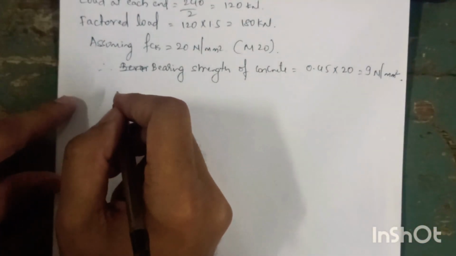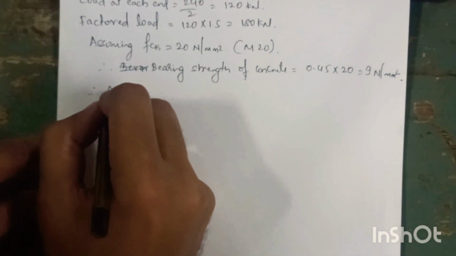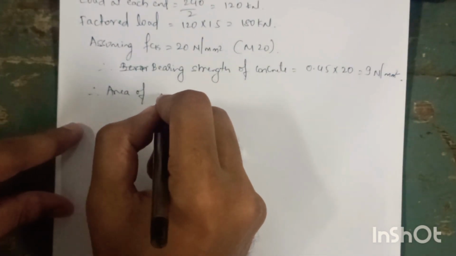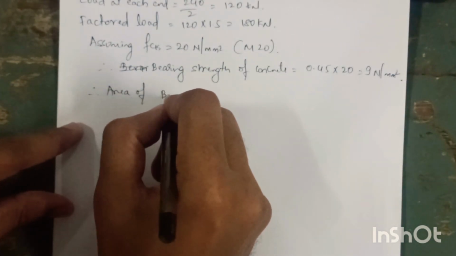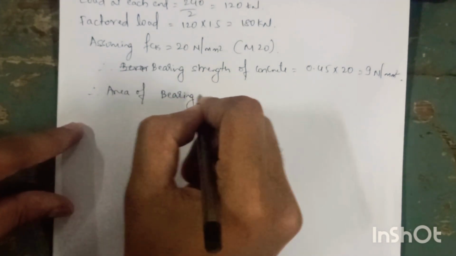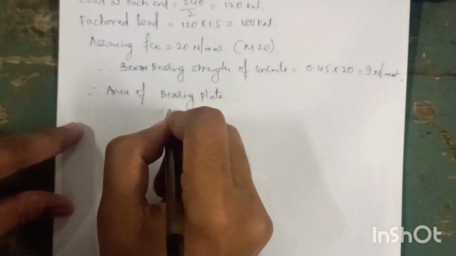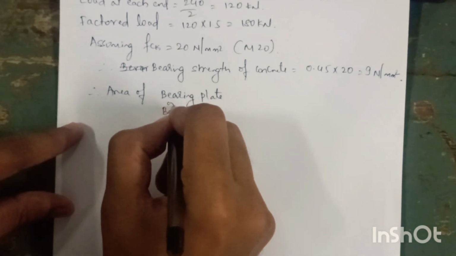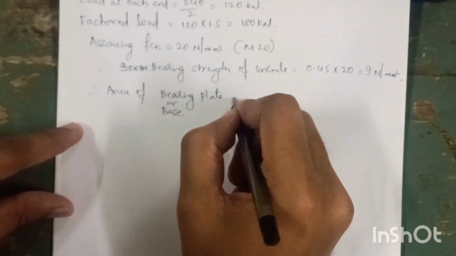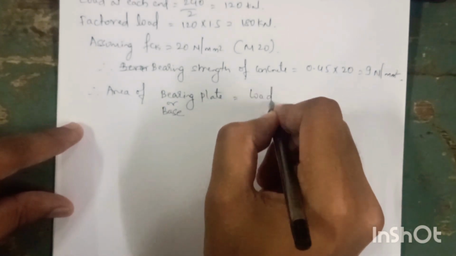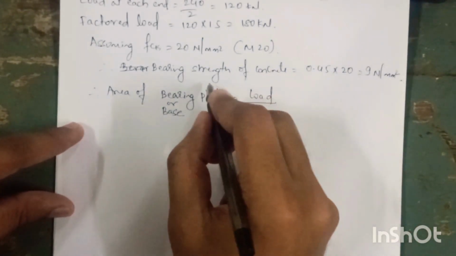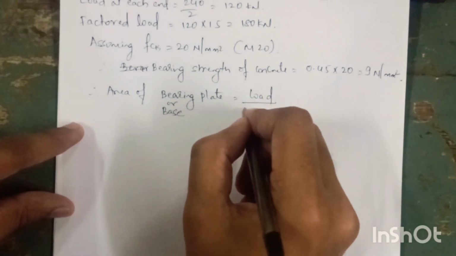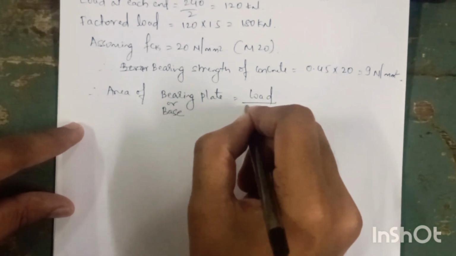Then we have to calculate the area of the bearing plate, or you can also call it the base plate. It is equal to load divided by the bearing strength of concrete.